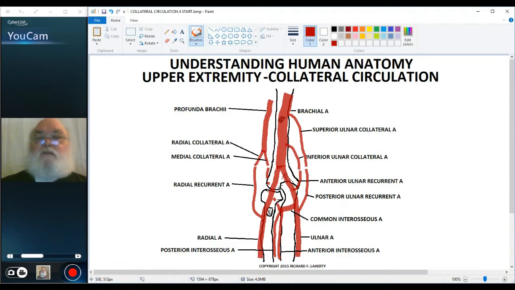I'll draw some dashed lines in there to indicate it's going behind the bones. This is the interosseous recurrent.